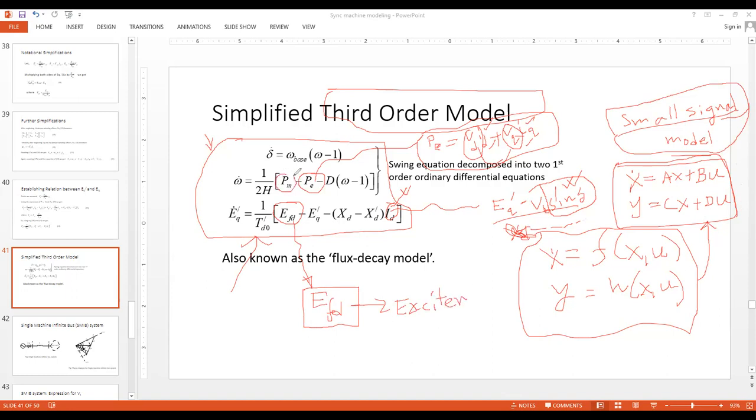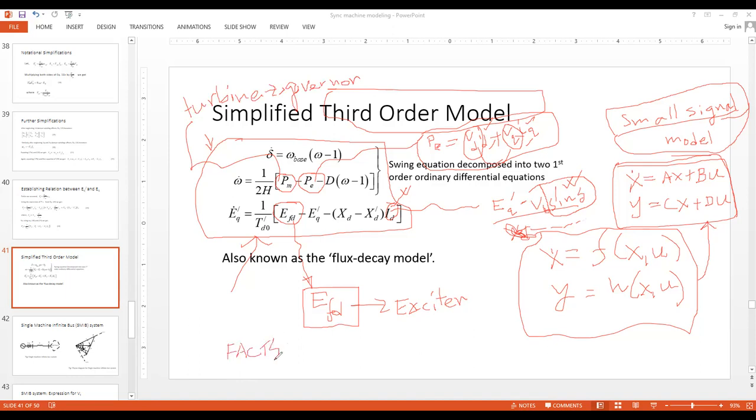Then also PM, the mechanical input. This will come from the turbine side, so we will go for turbine modeling. The control associated with the turbine is the governor, so we will also take up governor modeling. And then inshallah, if we have some time left, we will probably look at some FACTS device modeling.